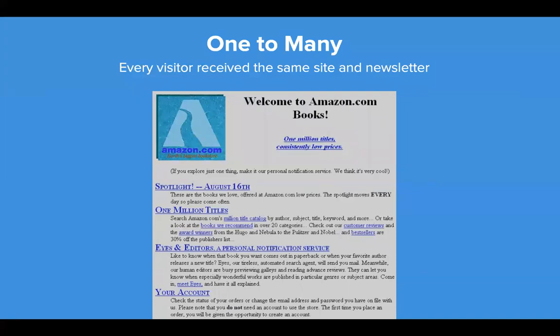The internet and everything was one-to-many. Every person got the same experience. They saw the same website, same newsletter, same mailings, same emails. And that worked. The databases and CRMs of those times were built to collect and store information, so you could do the very large mass appeal emails and direct mail.